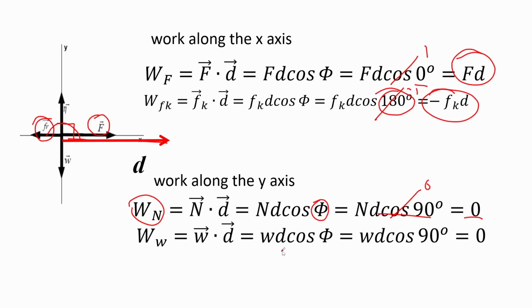displacement, i-specify na po small w. So W = Fd cosine phi. The phi angle here is 90 degrees. So again, it's 0.